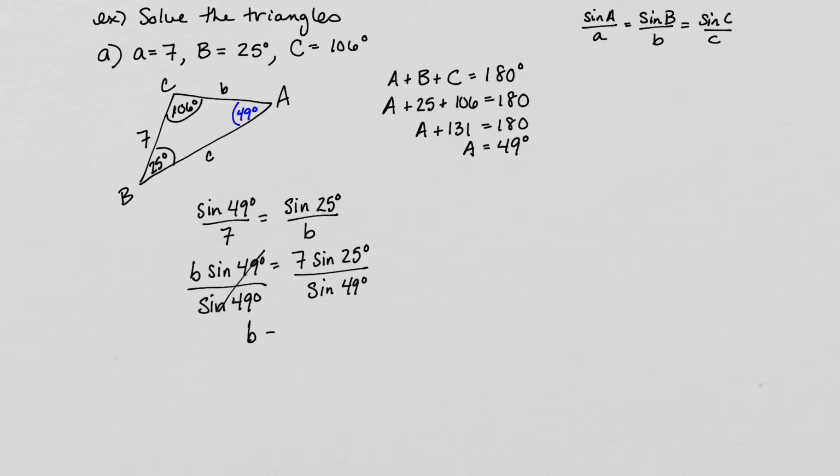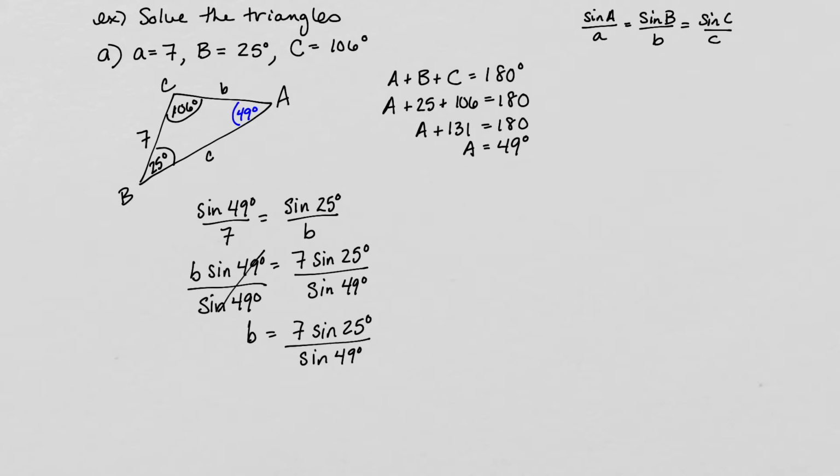So b is going to end up being 7 sine 25 degrees divided by the sine of 49 degrees. Sometimes people try to figure out what the sine of 25 and the sine of 49 are in the middle steps and put numbers there instead. You don't want to do that until the final step. You want to plug this whole thing into your calculator at the final step, so we don't get any of those rounding errors.